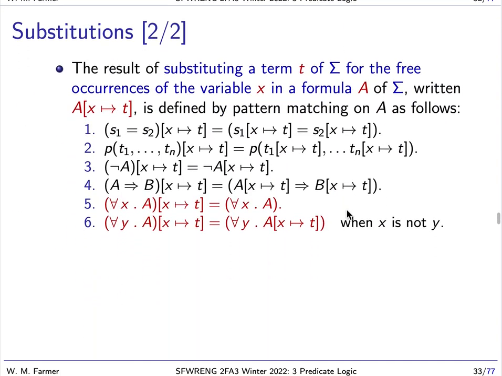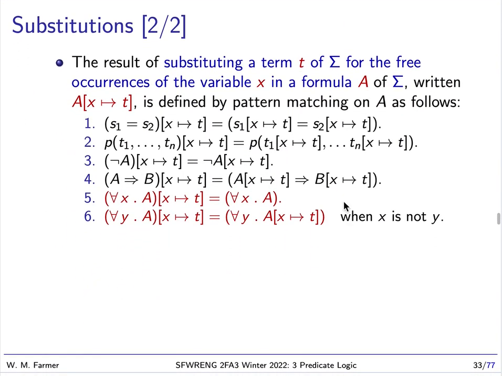How does substitution of a term for a variable in a formula work? Again, the idea is we're going to take all the free variables of A and replace them by t. We write this in the same way we wrote it for terms. And we have 6 patterns.